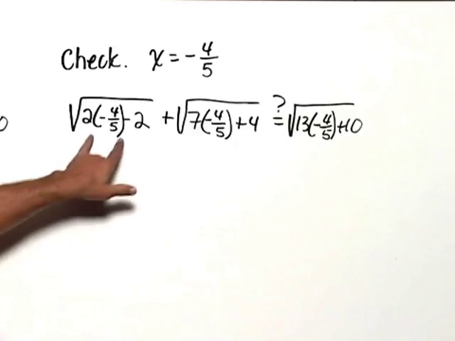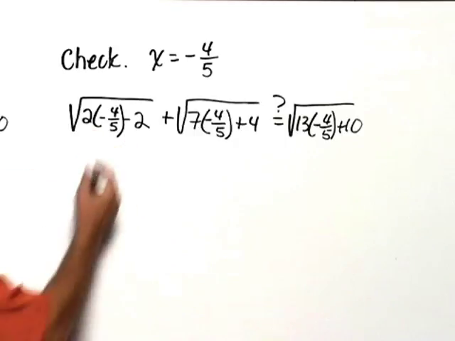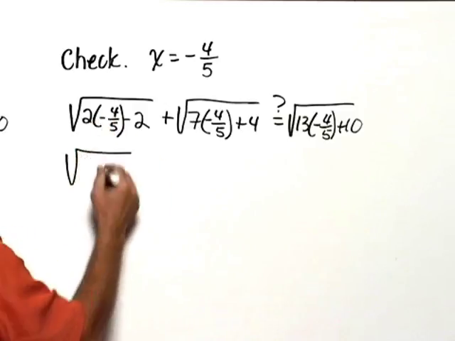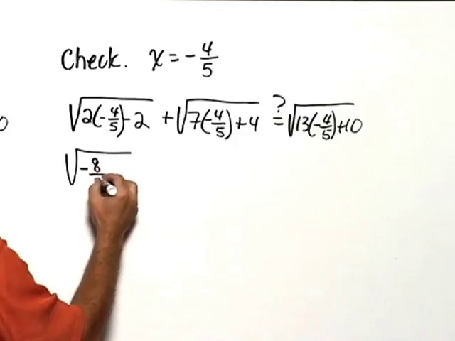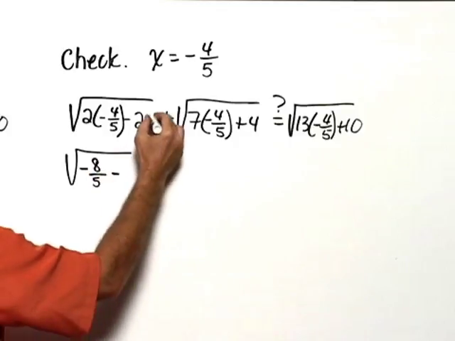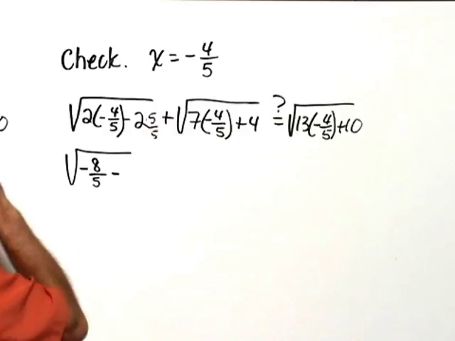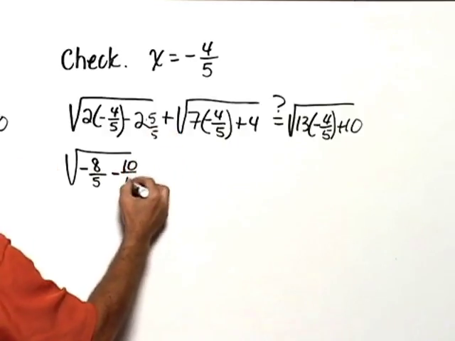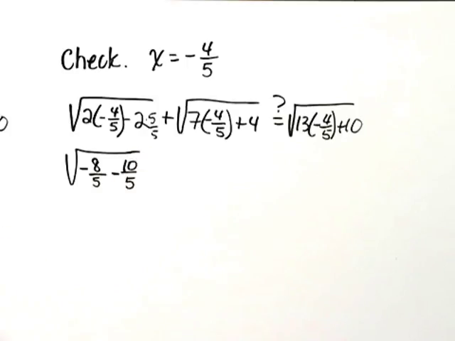Let's simplify inside this radical. This would be 2 times negative 4/5 is negative 8/5. And then the 2 will change by multiplying numerator and denominator by 5 so that it has the same denominator. So that's minus 10/5. But now let's wait a moment.